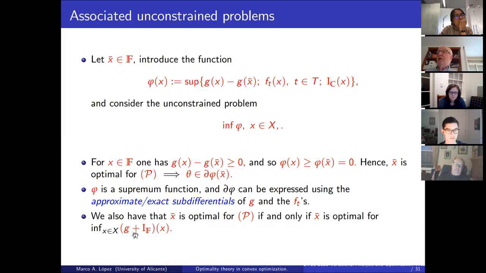This is an unconstrained problem. This is equivalent to the original one, but if I use the subdifferential, I need to decompose, to use a kind of Moreau-Rockafellar formulas in order to get something useful from the conceptual point of view.